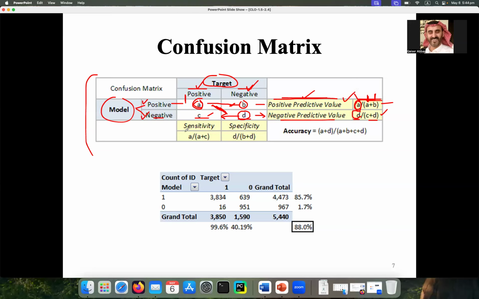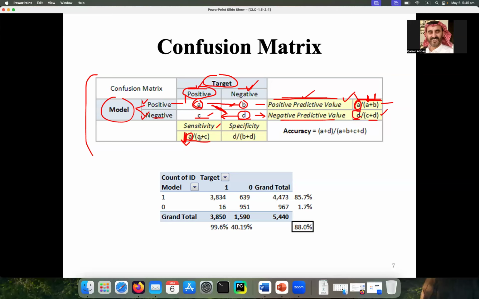So now, recall. This column is called recall. The other name is sensitivity. Here, your focus is on the positives that you have. For example, the equation is A divided by A plus C. This A is the positives that are correctly identified by your model.